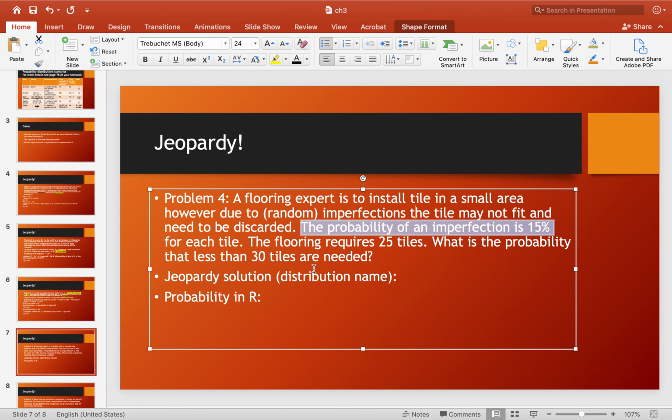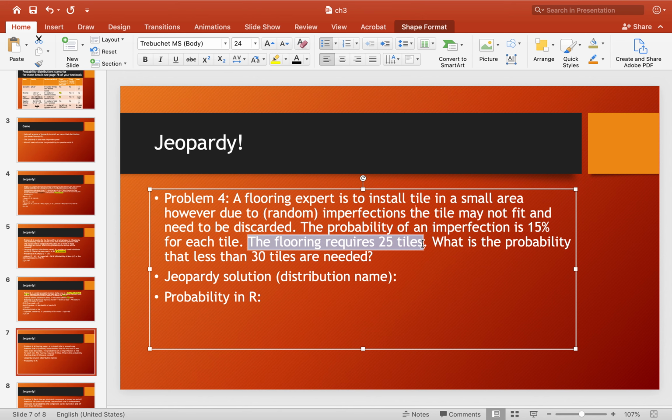Okay, so the amount of flooring that you should need is 25 tiles, or say 25 square feet. Each tile is a square foot, and what's random here is the number of tiles that you're going to need. Because it could be that you have 25 tiles, but when you pull your first 25 tiles, one of them or two of them or five of them could be produced imperfectly, and you don't have enough tiling.